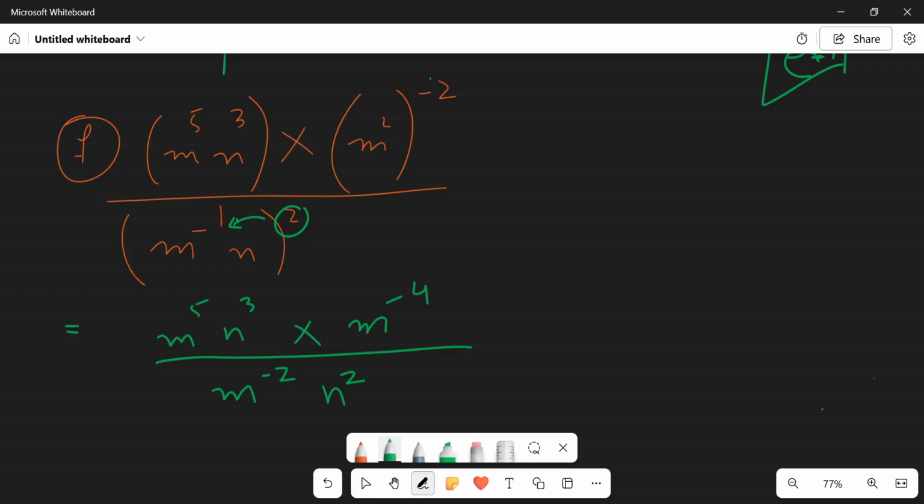Okay. Now, students, what we need to do is solve the numerators first. M 5, right? Though it's a plus sign, so it won't affect this minus 4. So I'm taking m to the power 5 minus 4, n will remain as 3, and m minus 2, and it's 2 here.